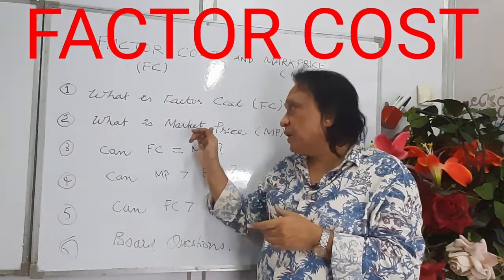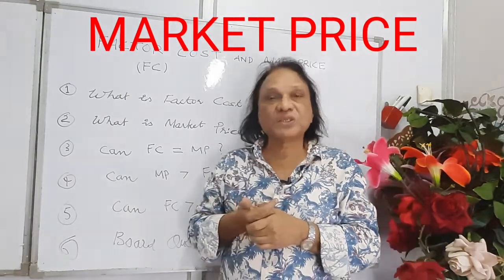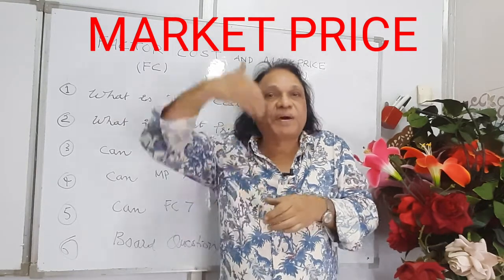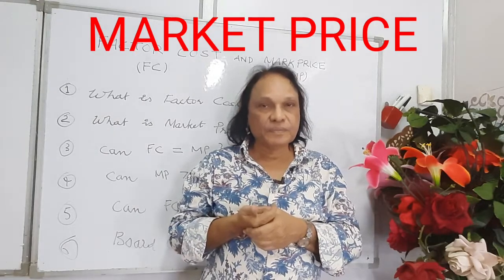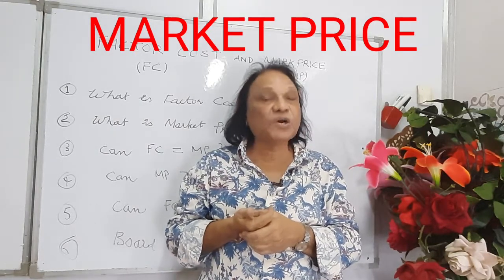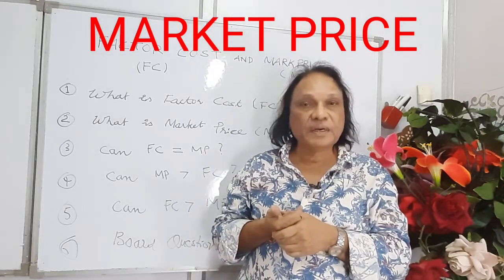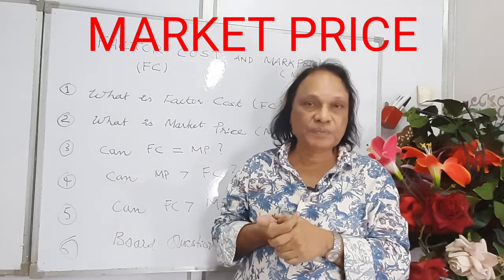Now we go to the next one. What is market price? Market price is nothing but the price of the commodity in the market. When the commodity goes into the market, the government imposes indirect taxes on it. At the same time, the government provides subsidies to the firms.